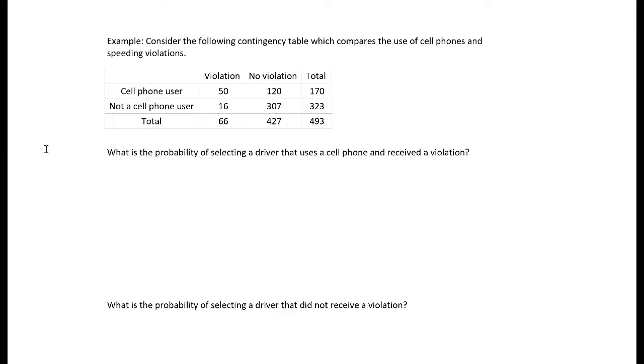As I told you in previous videos, label your events. Event A is that they have a cell phone. Event B is that they received a violation. So what they're really asking for is the probability of A and B.